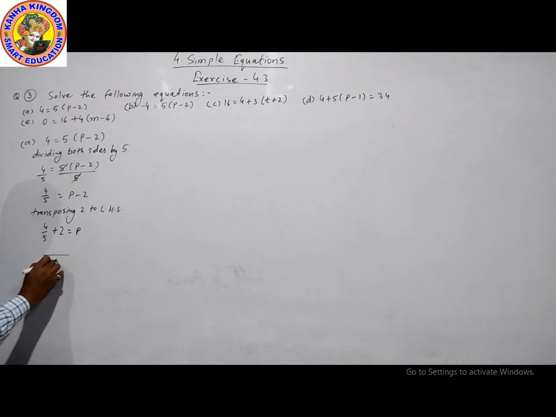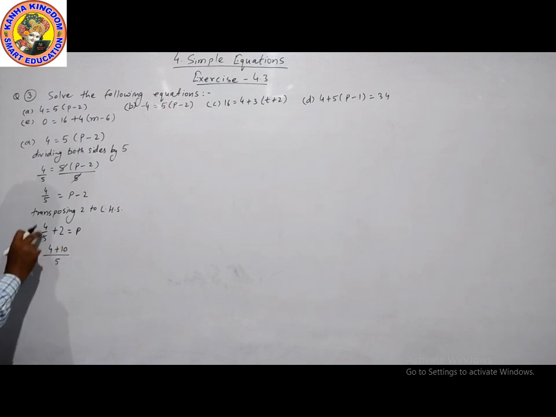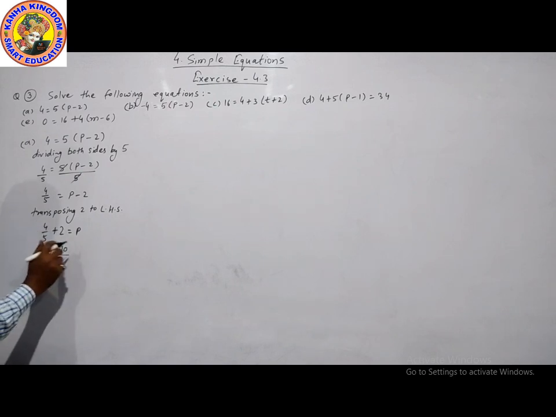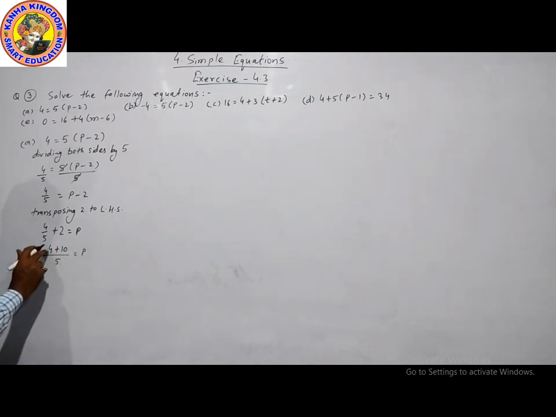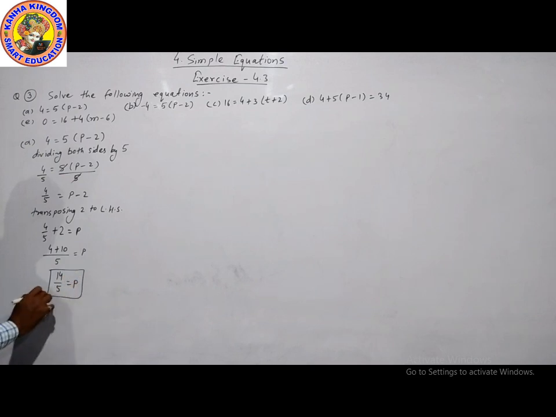Now taking LCM, which is 5, 5 into 2 is 10. Here is 4, 5 into 2 is 10, is equal to p. Now 4 plus 10, 14 upon 5 is equal to p. This is our solution.